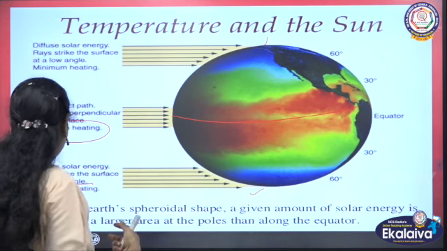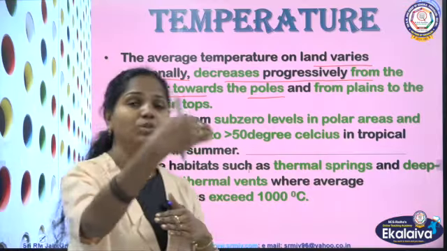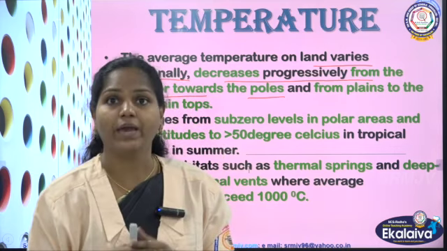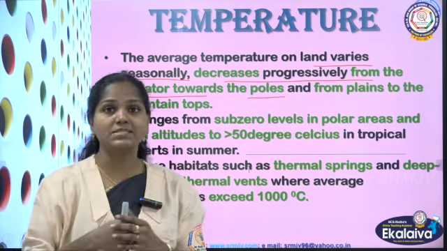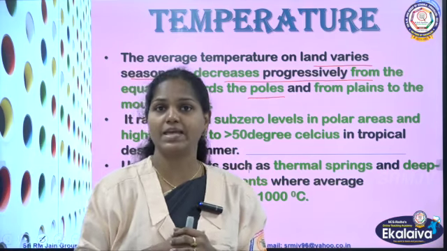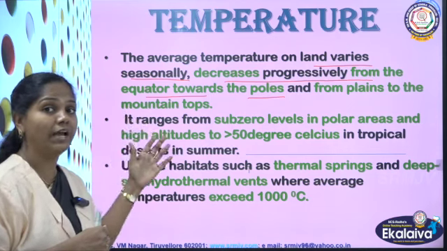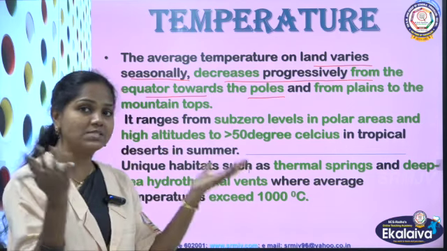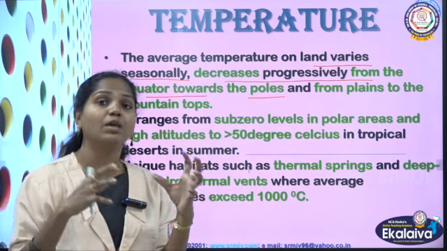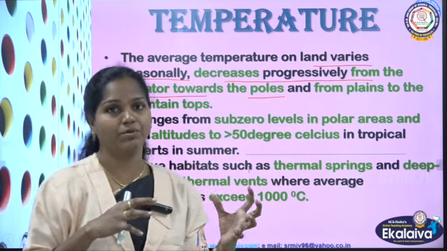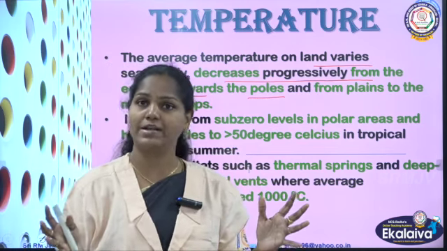This is how the temperature varies from the equator to the poles, and in the same way this temperature supports different organisms and different populations in these areas. The diversity of life is greater in places near the equator, as they receive more sunlight. You know sunlight is the ultimate source of all forms of energy.